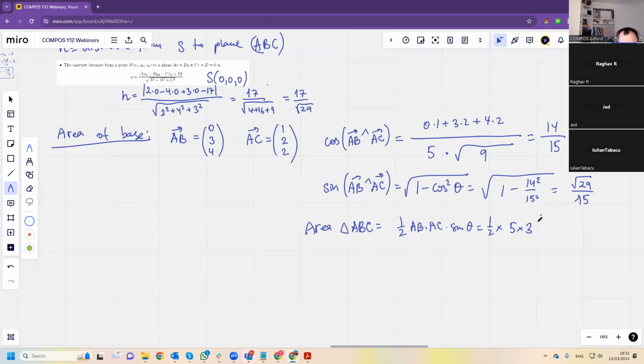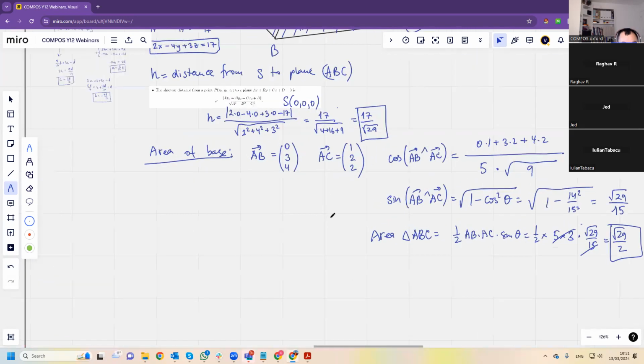I still can't believe it's 3. Okay, it's 3. It is 3 times 3 multiplied by square root of 29 over 15. 15 cancels, and it's square root of 29 over 2. Beautiful. It's a beautiful answer. We have the distance is 17 over square root of 29.